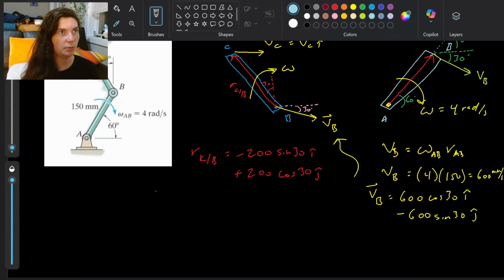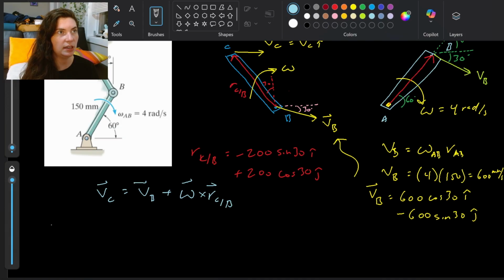So that equation that we have is now, since I'm using C's and B's this time, VC equals VB plus omega cross RC with respect to B. And I'm going to start plugging stuff in.